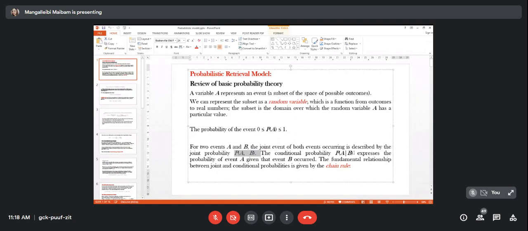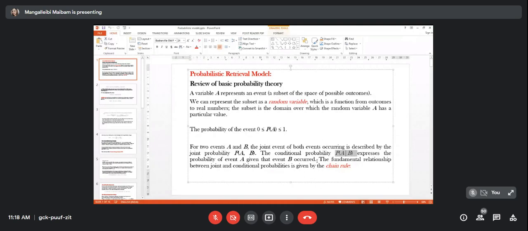This represents the joint probability of the two events A and B. And conditional probability is represented like this. This expresses the probability of event A given that event B occurred.